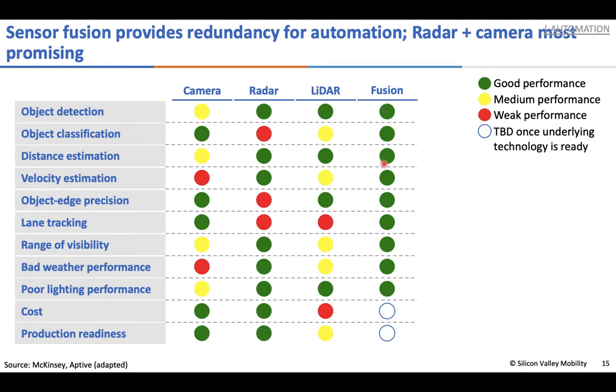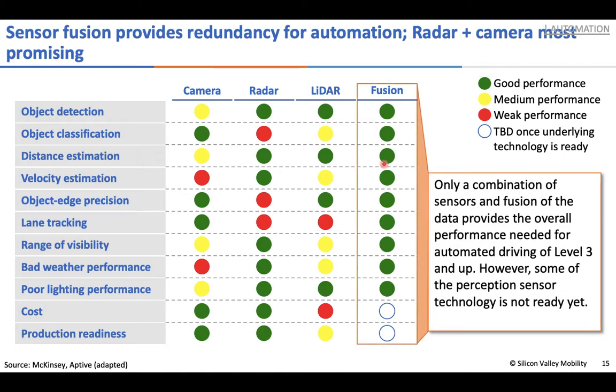The fusion would be it. So if you combine all of those, that would be it in order to go for level 3 and up. So if you really want to take out the driver, you need all the sensors that you can get.